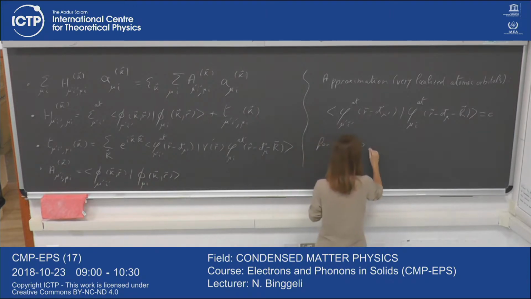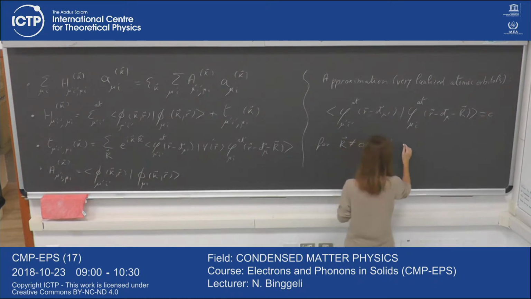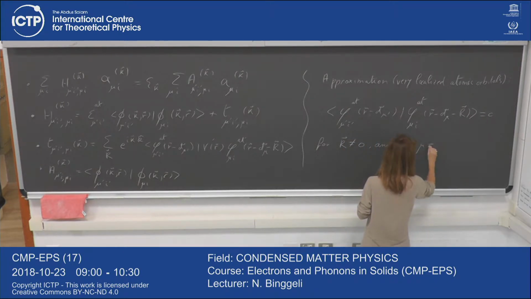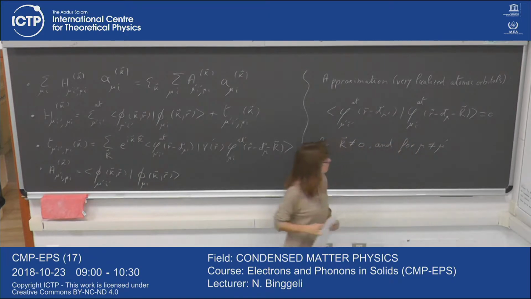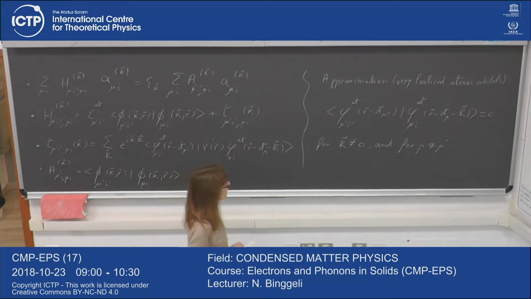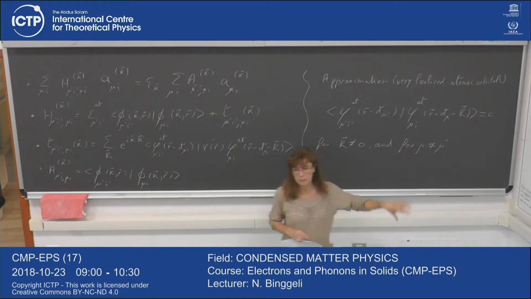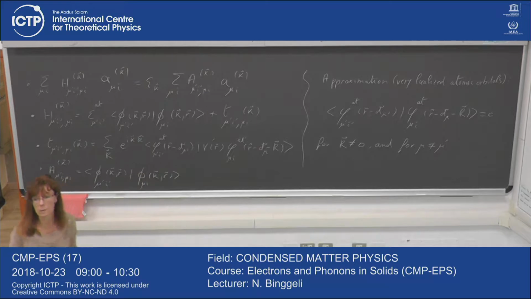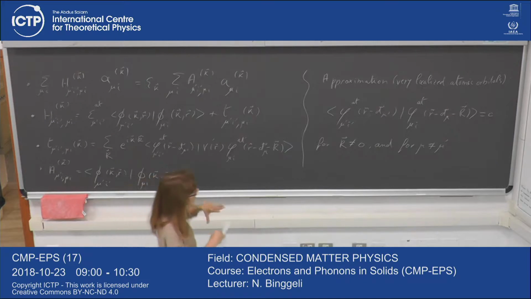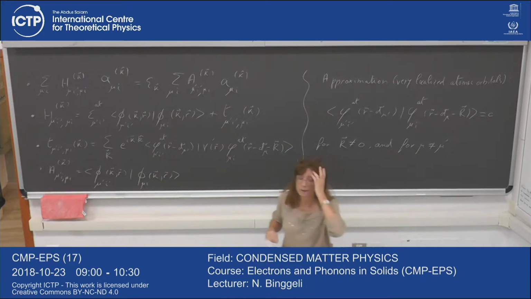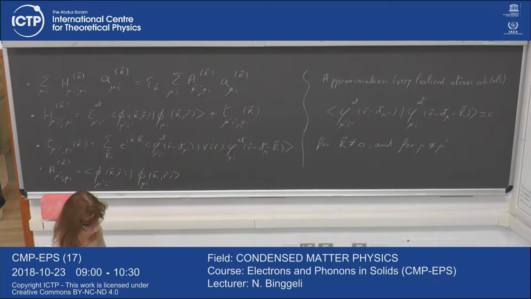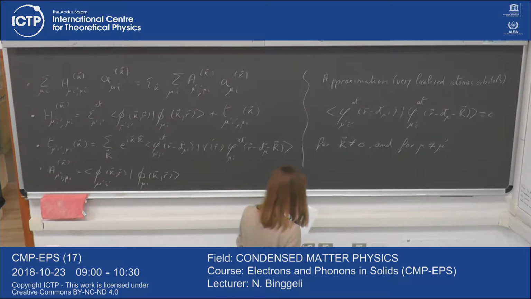and for mu different from mu prime. So if the atomic functions are not centered in the same cell and on the same atom, we will consider that this matrix element is 0, because we consider the atomic orbitals to be very localized on the atomic site. Okay? So this is the approximation we will make for the overlap.